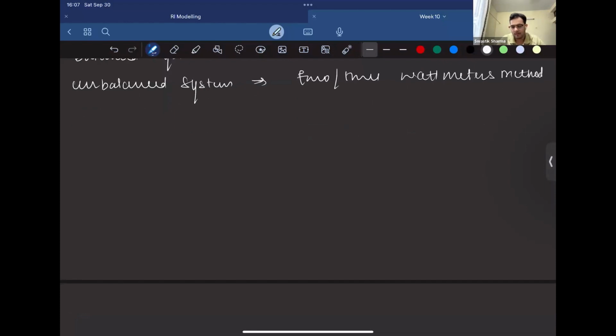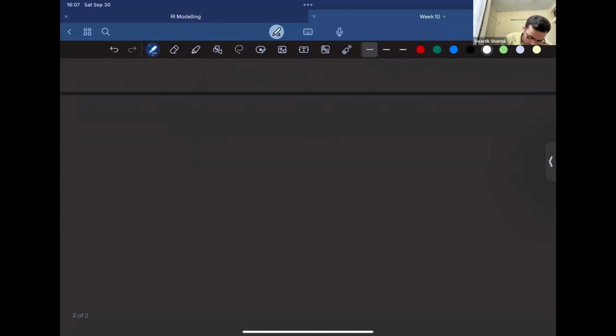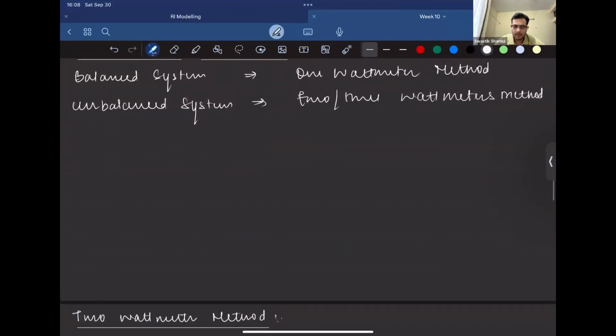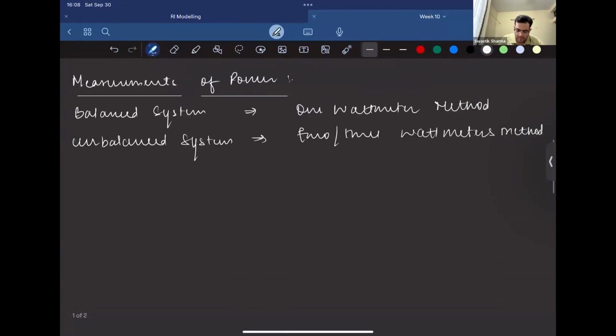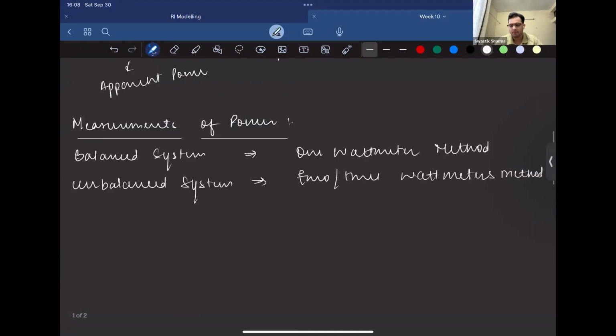You'll notice that the concepts are fairly the same. So for the two wattmeter method, before going into the method itself, you should know that since the instructor has taught the two wattmeter method, you should focus on the concepts derived from it, and you can apply similar concepts to the three wattmeter or one wattmeter method too.